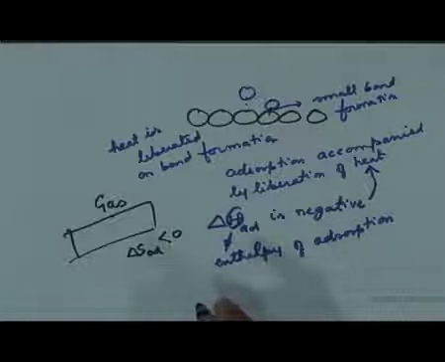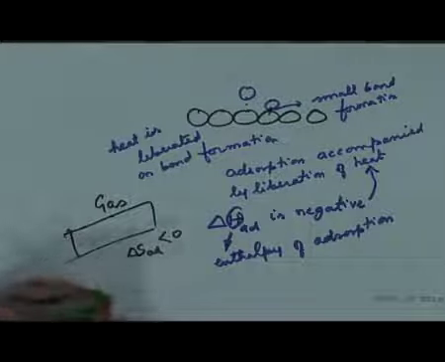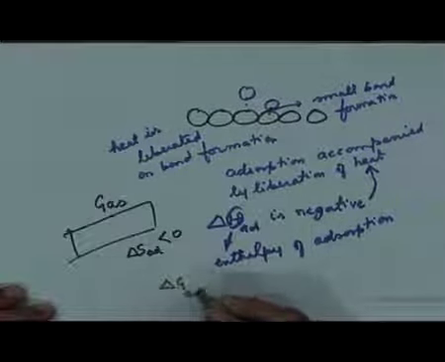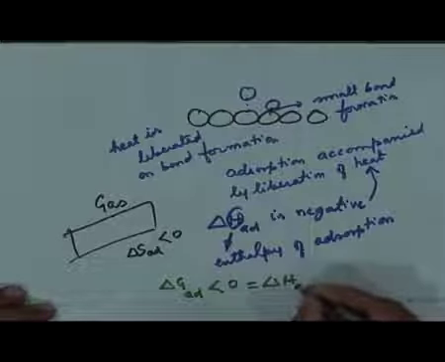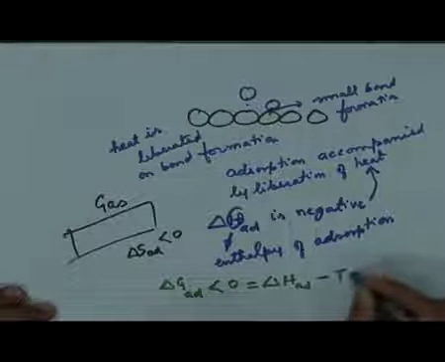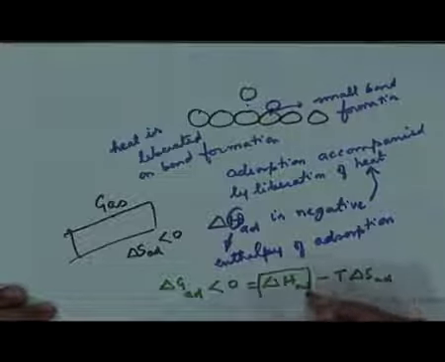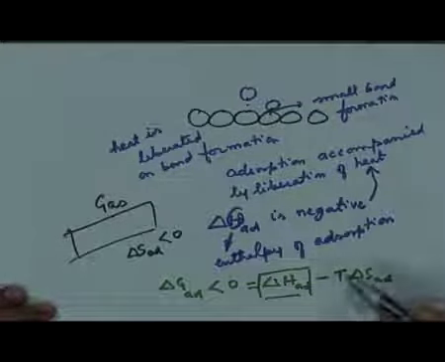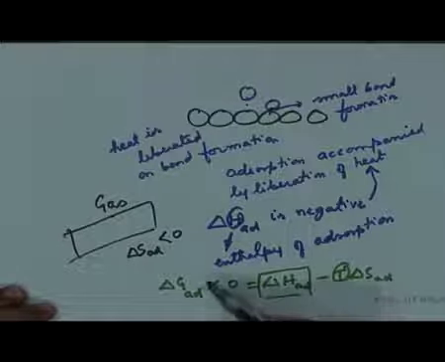And we know from our thermodynamics that if you want something to happen, the delta G of adsorption has to be less than 0, and delta G of adsorption is delta H of adsorption minus T delta S of adsorption. This is negative. If this had been positive, we know that at all temperatures you would always get this to be less than 0.